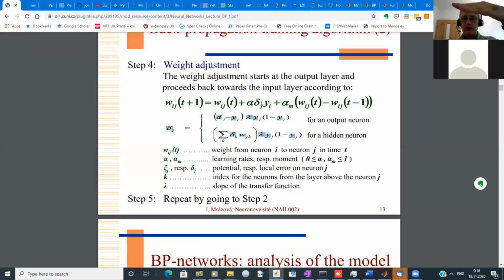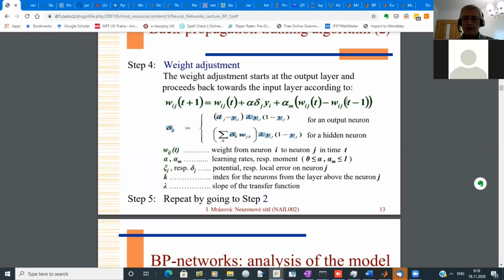And then it continues, computes the delta terms for the last hidden layer using the second formula. And this value is then used to update weights leading to the last hidden layer, and we move deeper and deeper into the network until all the weights are updated.